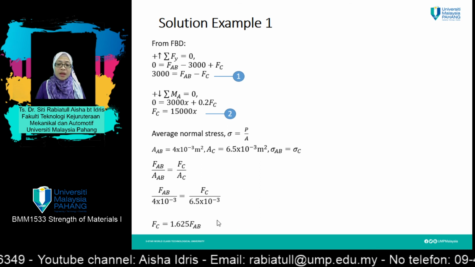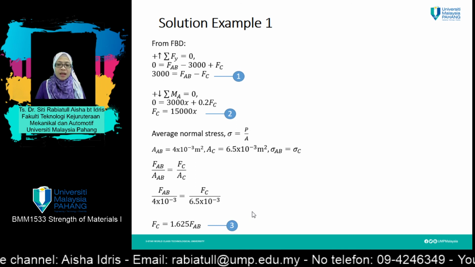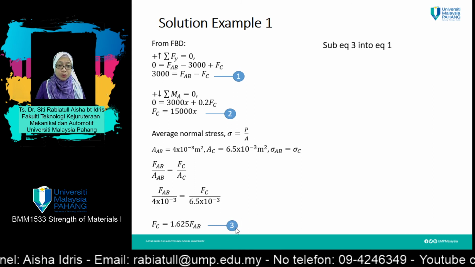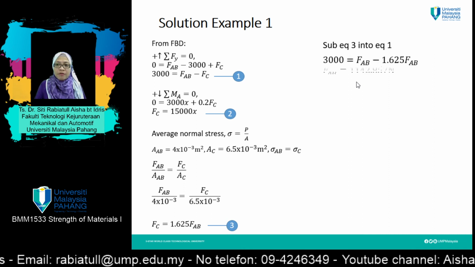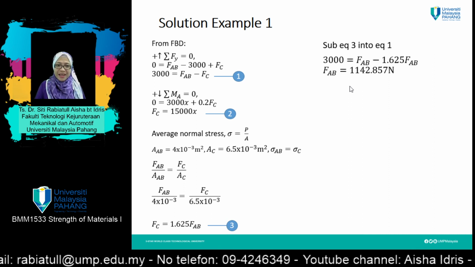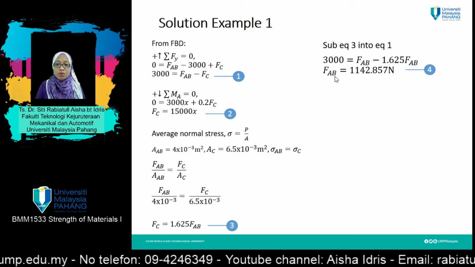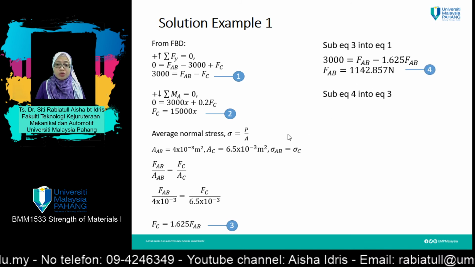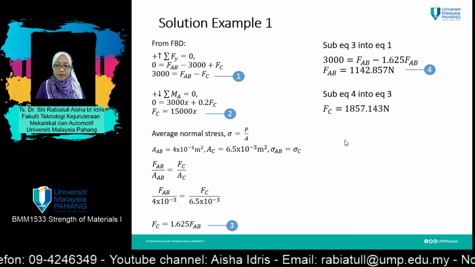And then from there, you'll get another equation, equation number 3. After that, substitute equation number 3 into equation number 1. From there, you will get the value of FAB. After that, substitute the value of FAB into equation number 3. Then you'll get the value of FC.